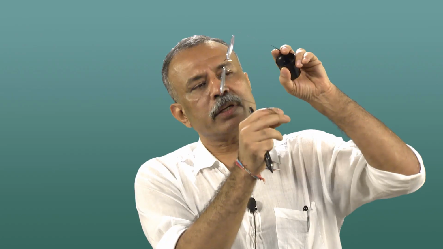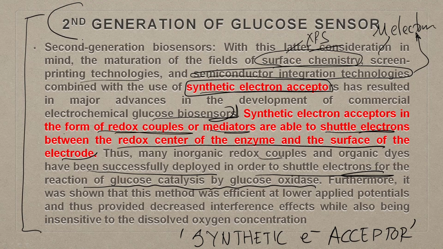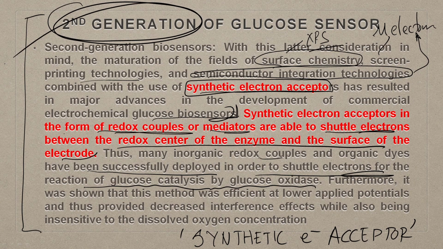And this shuttle picks up the electron and brings it to the electrode surface. And these shuttles, or synthetic electron acceptors, are what led to what we termed the second generation of glucose sensors.